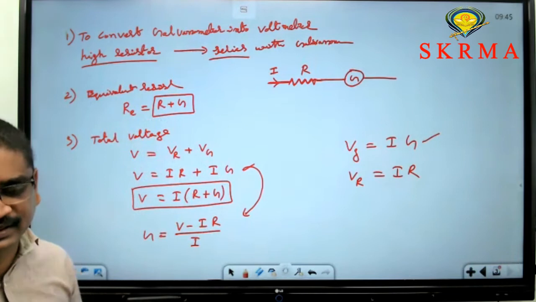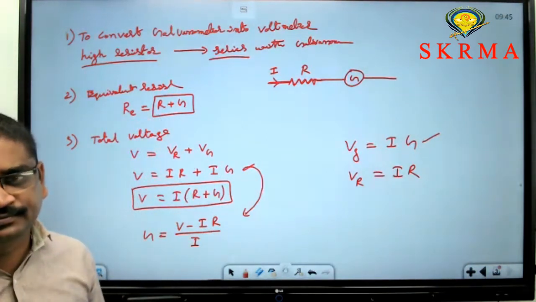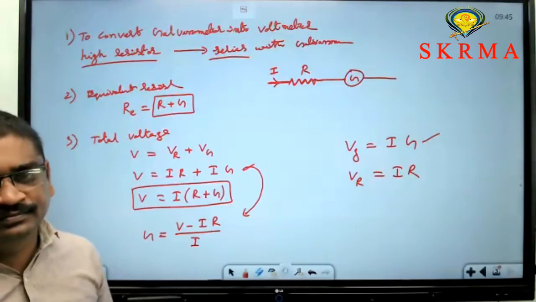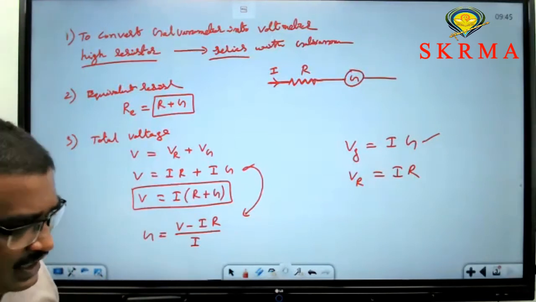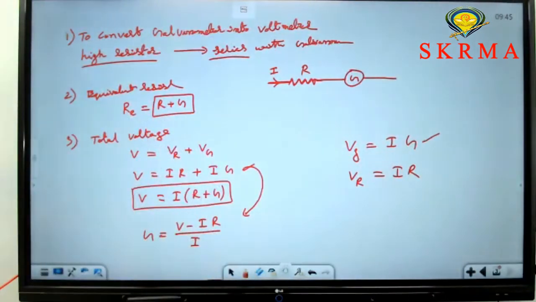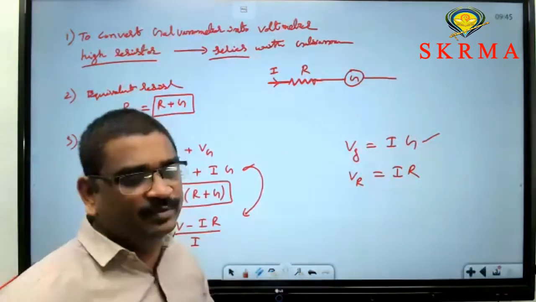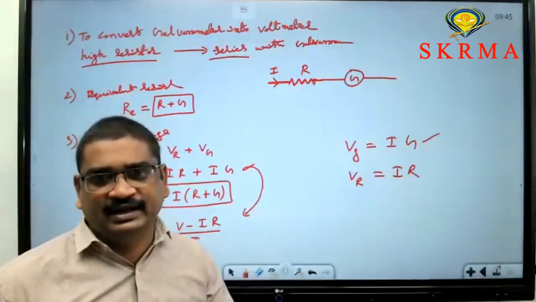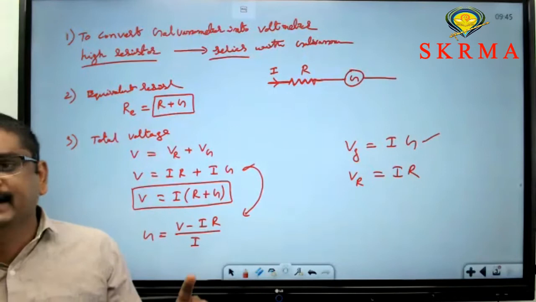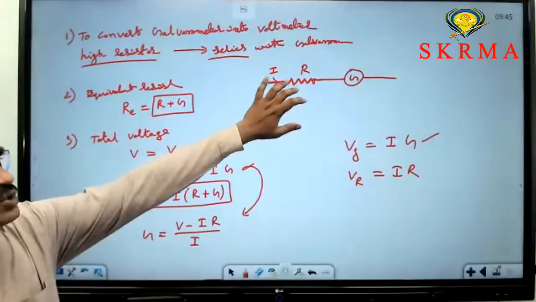A high resistance, connected in series or parallel? Series. A high resistance should be connected in series to convert the galvanometer into a voltmeter, as shown in this diagram.